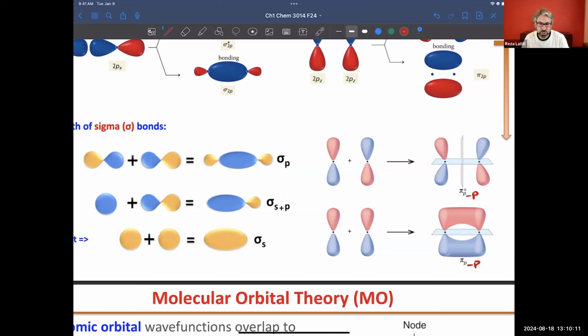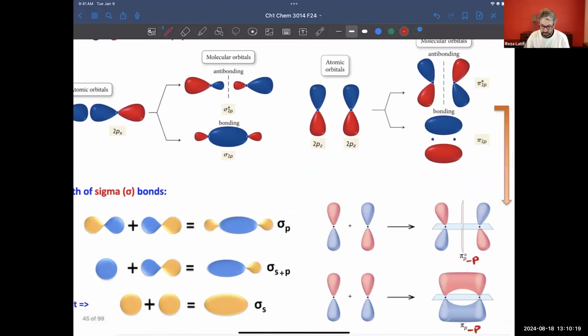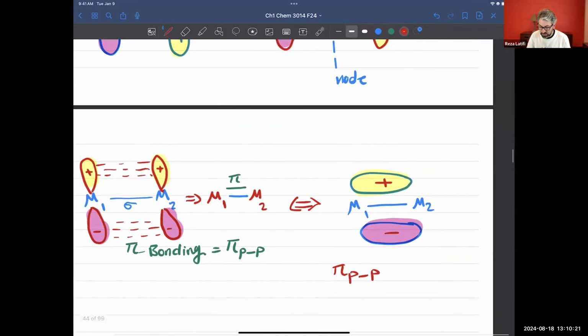The pi orbital by itself, whether bonding or anti-bonding, is always going to have one node. What's the node and where is it? As you see here, there is a plane that changes the sign from positive to negative. From up it is positive, I go down, it turns to negative. So clearly there is a node there.